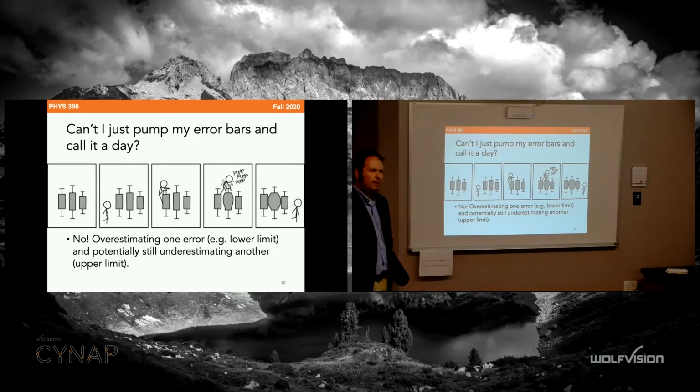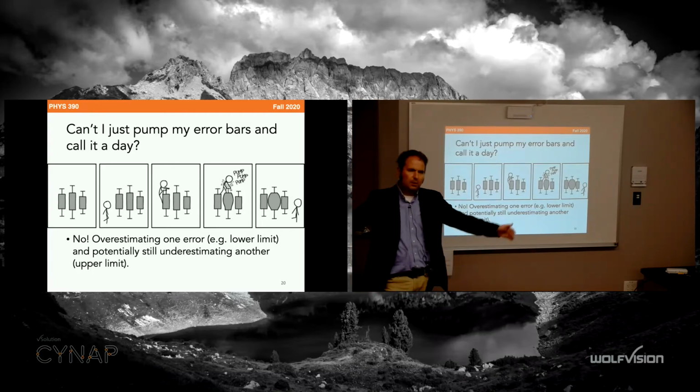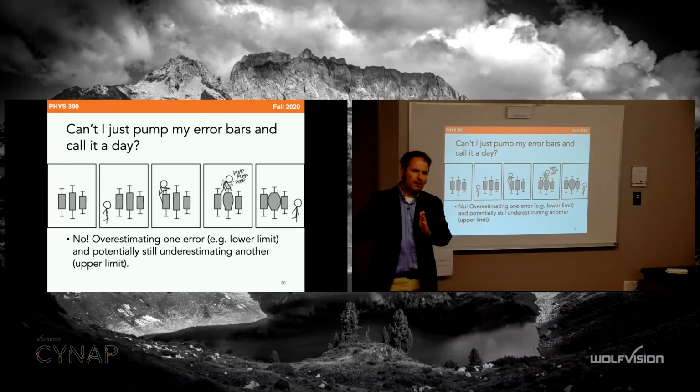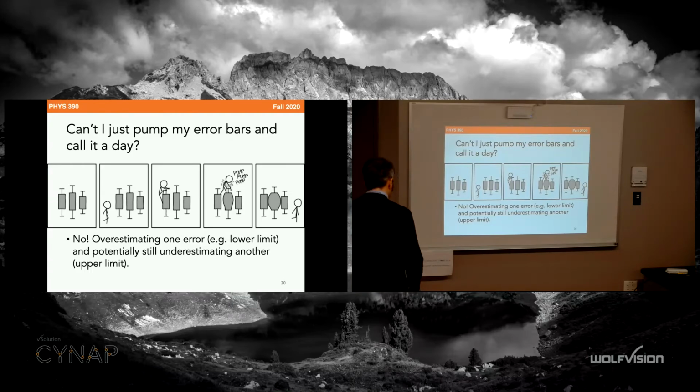Can I just pump up my error bars and just say, oh, there's my error? Like I'll just take the biggest one, whichever side was the biggest, that's my standard deviation. So here's my mean, that's my standard deviation. Here, back to Gaussian terminology. No, if you overestimate on one side and you still underestimate on another, this is bad science.